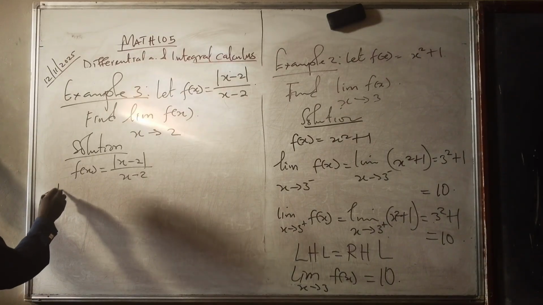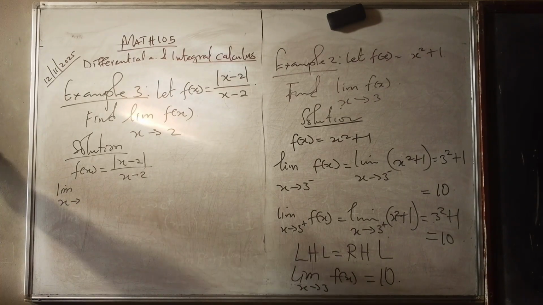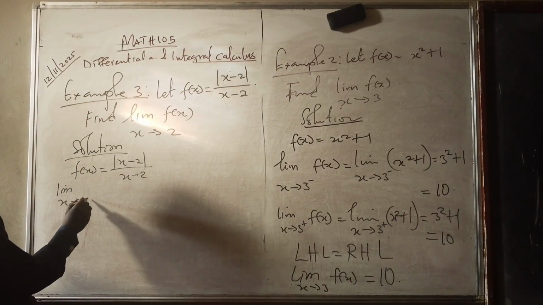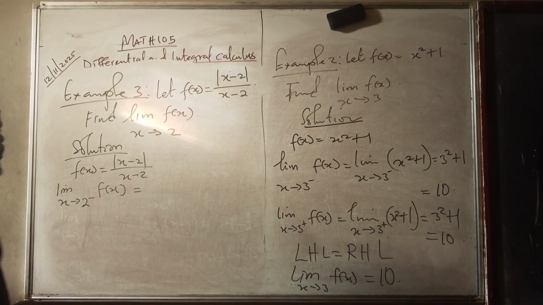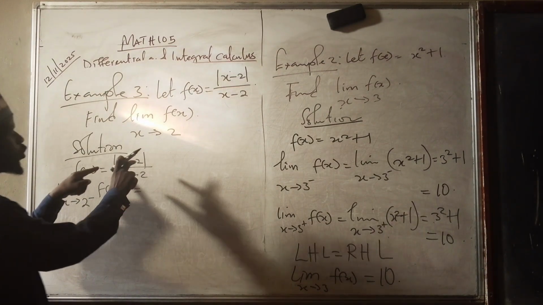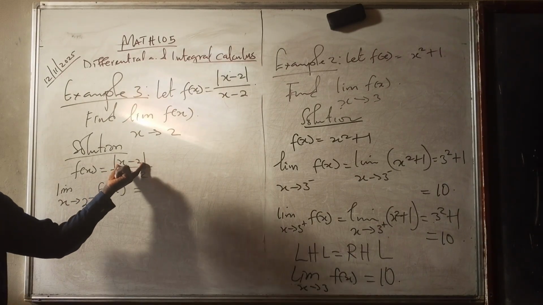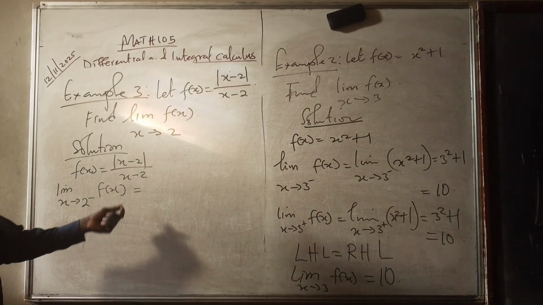So now the limit, we should start with the left-hand limit here. As x tends to 2, f of x is equal to. But clearly here, to the left, we are taking values less than 2, so the content of the absolute value is negative.